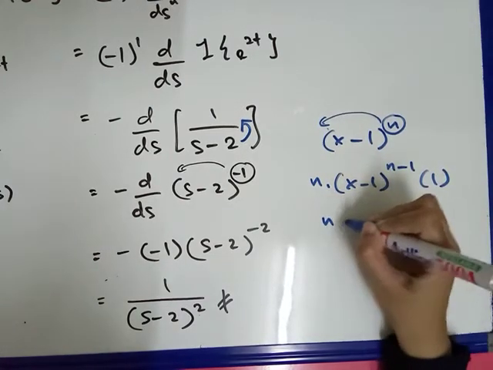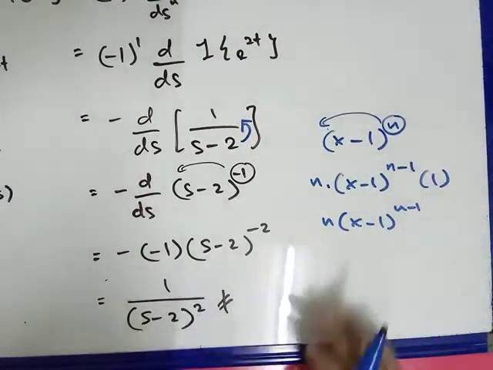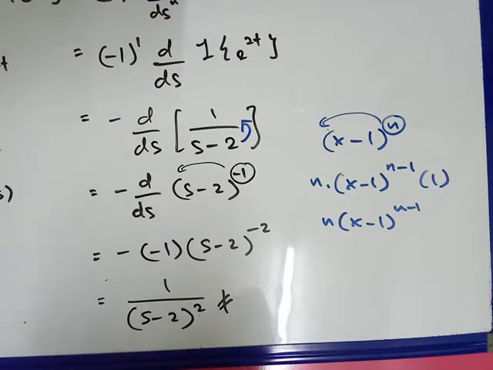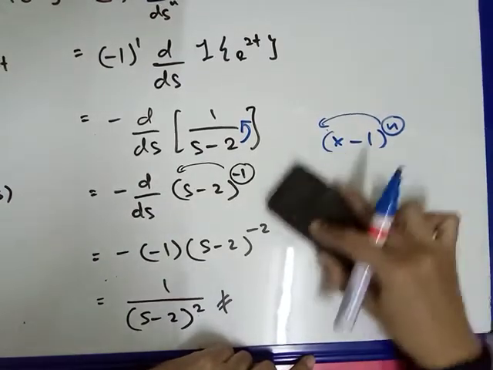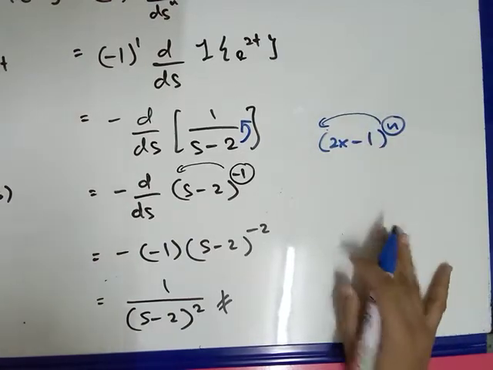So the answer is n times x minus 1 to the power n minus 1. Now say we have 2x minus 1 to the power n.